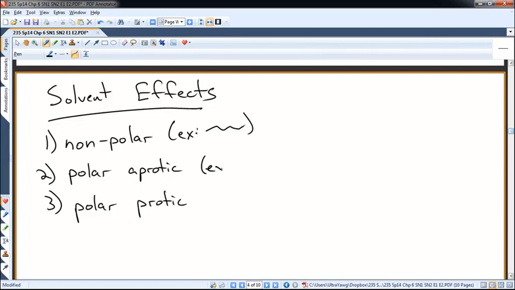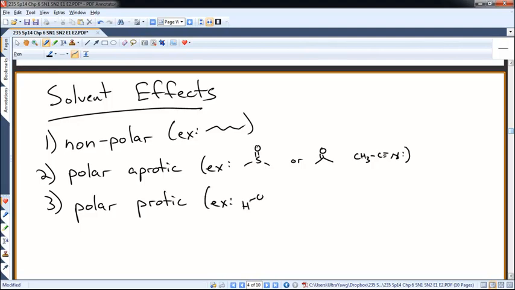So polar aprotic examples would be dimethyl sulfoxide, which I mentioned earlier, or acetone, which would just be 2-propanone, or acetonitrile, with a carbon-nitrogen triple bond. There are no hydrogens directly bonded to electronegative elements such as nitrogen or oxygen.